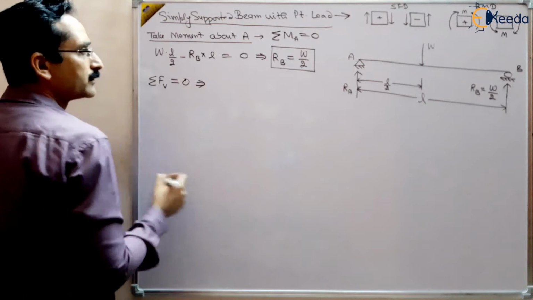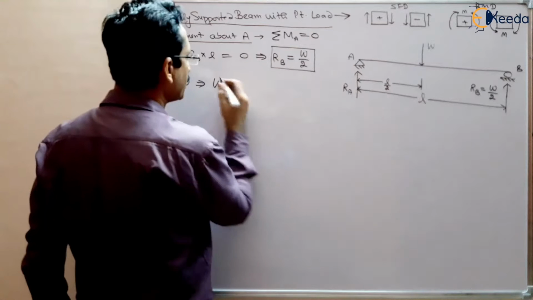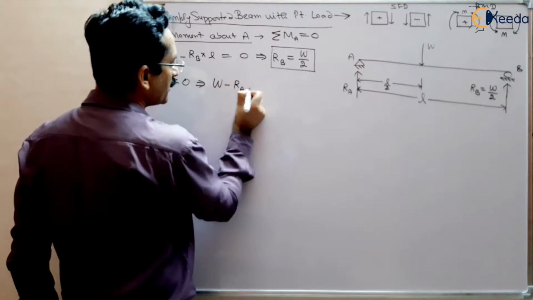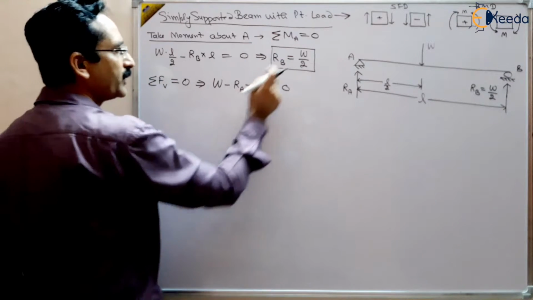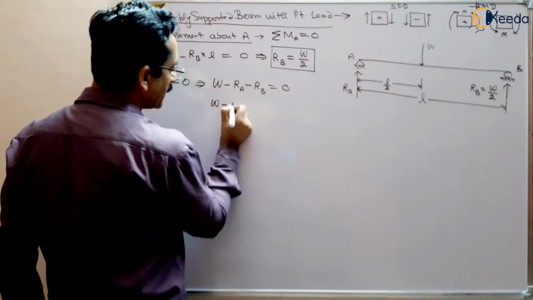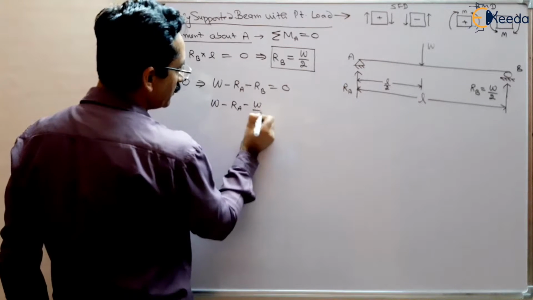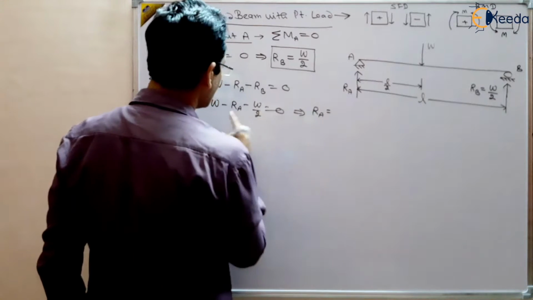We take downward forces as positive, so W, and upward forces as negative, minus RA minus RB, equal to 0. And RB is W by 2. So W minus RA minus W by 2 equals 0, and from here we find RA as W by 2.